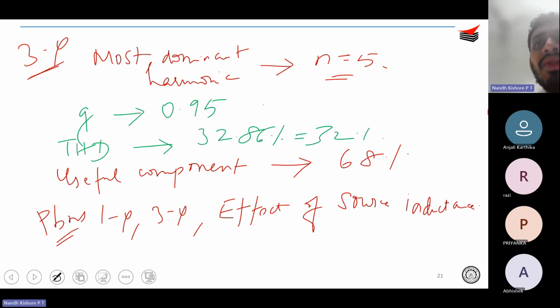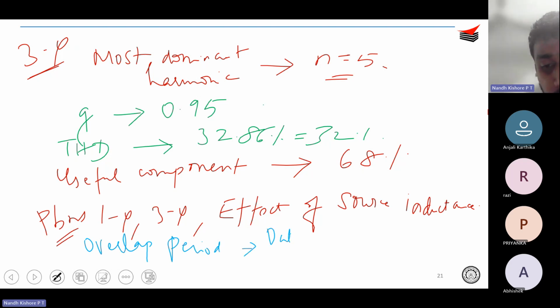You saw some problems on these as well. Okay, how it affects the conduction angle. We have an overlap period over here due to the effect of source inductance. Okay, so what is the overlap period? So you have something called the overlap period, right?